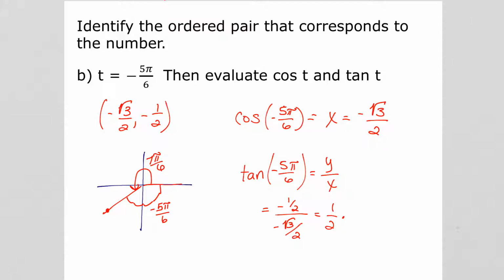So 1/2 times 2 over root 3. The 2's go away. So we have 1 over root 3. Multiply the top and bottom by root 3. Root 3 over 3. So the tangent of negative 5 pi over 6 is the square root of 3 over 3.